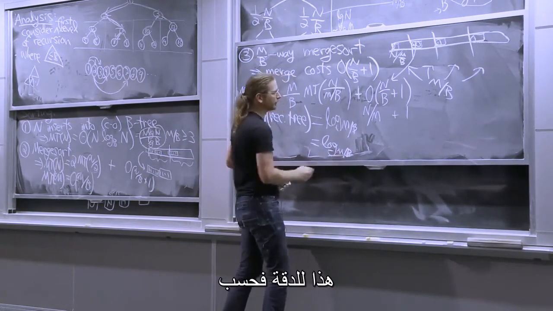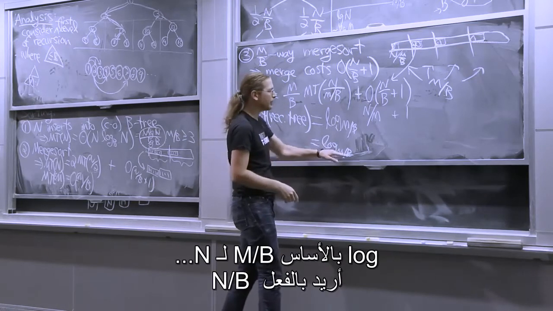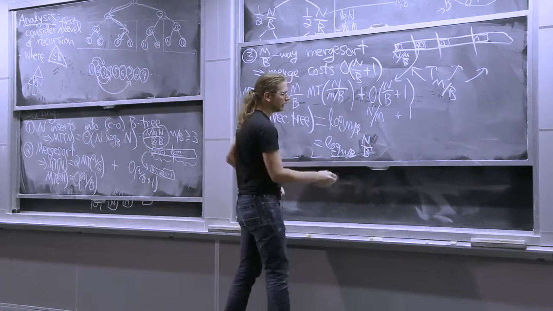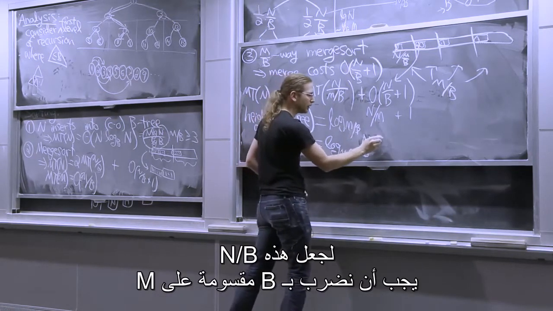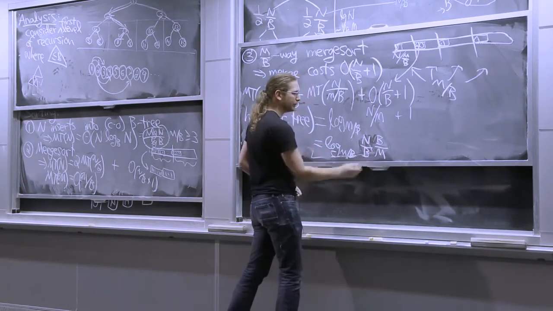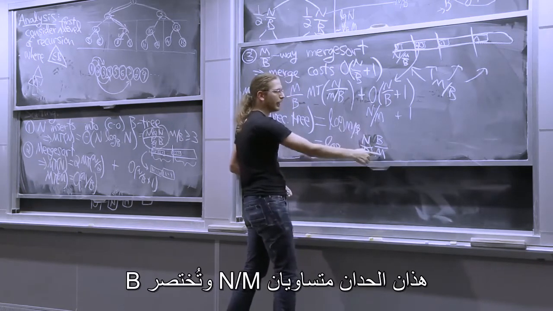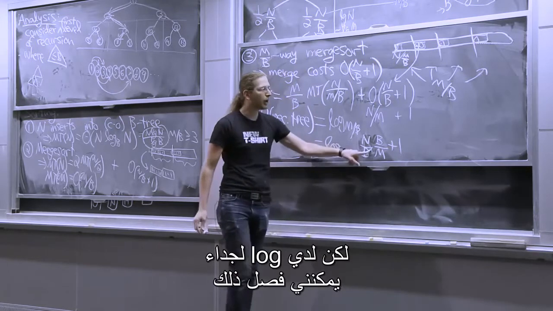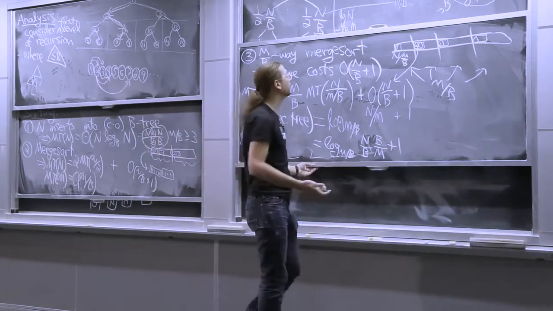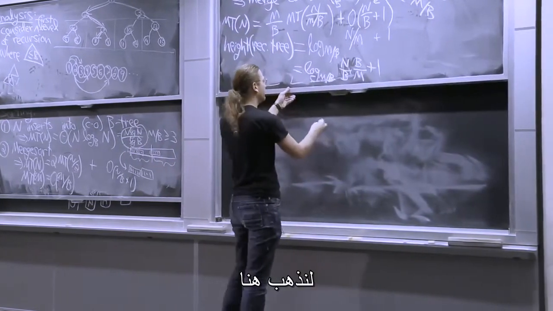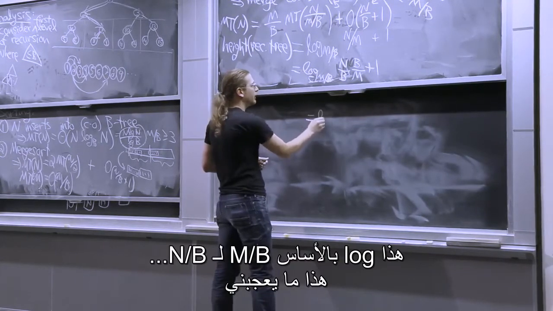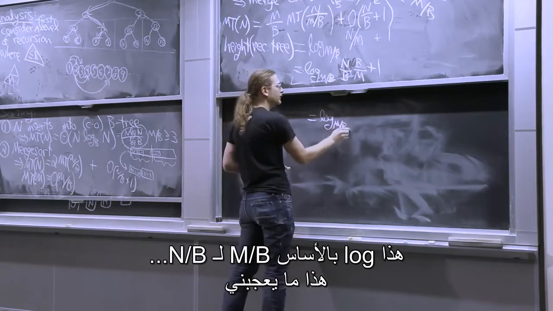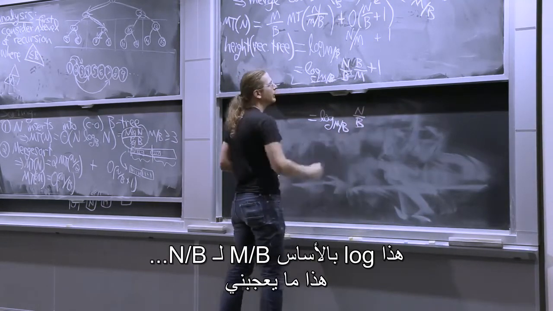This is just pedantics. Log base m over b of n. I really want n over b. To make this n over b, I need to multiply by b, divide by m. These are the same thing, right? N over m, b's cancel. But I have a log of a product, so I can separate that out. This is log base m over b of n over b, which is what I like.